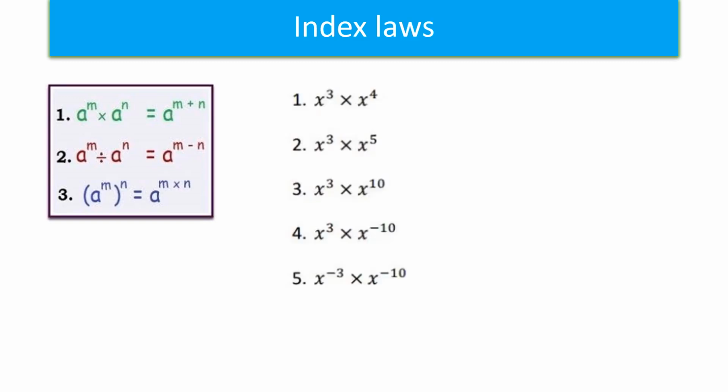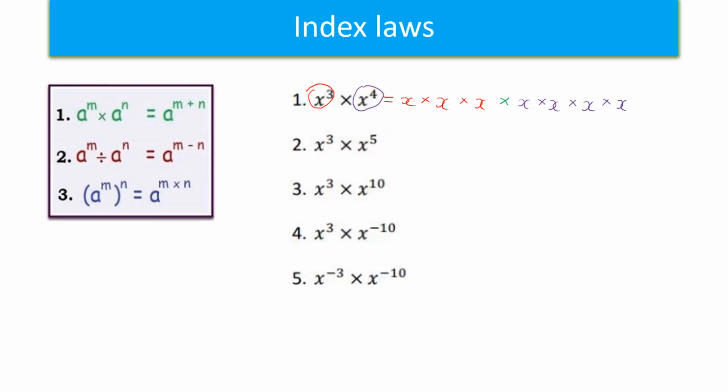Let's have a look at some examples, and I'm going to write out the first one just to show you why the rule works like that. So x to the power of 3 can be written as x times x times x. Then we have times x to the power of 4, which is x times x times x times x.